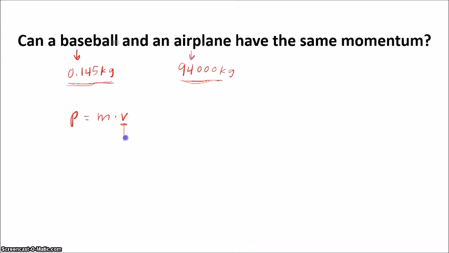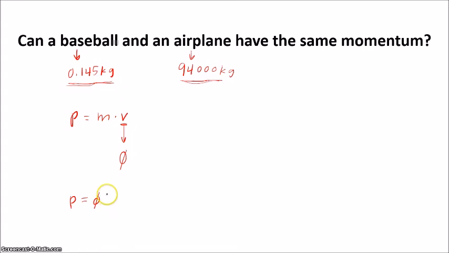Or without doing any math at all, I could just say if both objects are not moving at all, their momentum is 0. If the baseball is not moving, we have the mass, which is 0.145, times 0 velocity.